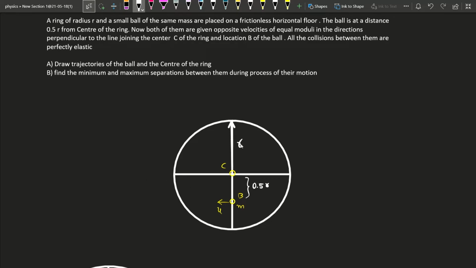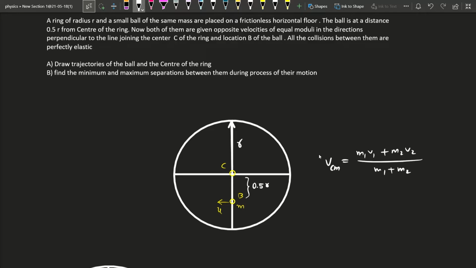I'm going to start attacking this question from the concept of center of mass. So now I'm going to calculate the velocity of the center of mass of the system. The velocity of the center of mass is m1 v1 plus m2 v2 divided by m1 plus m2.